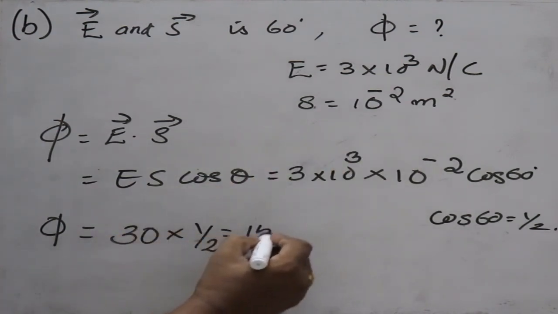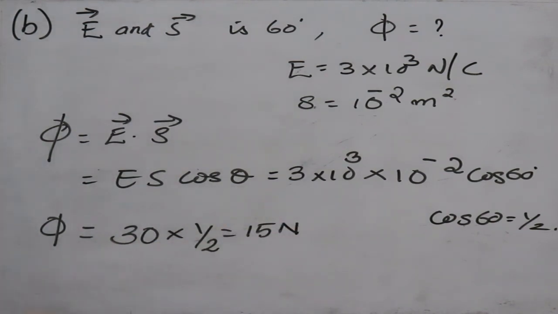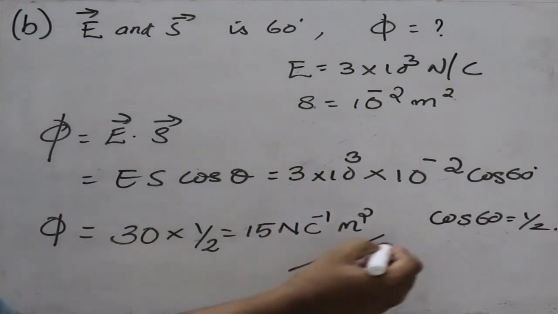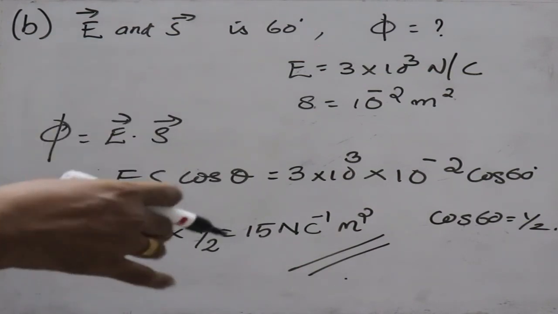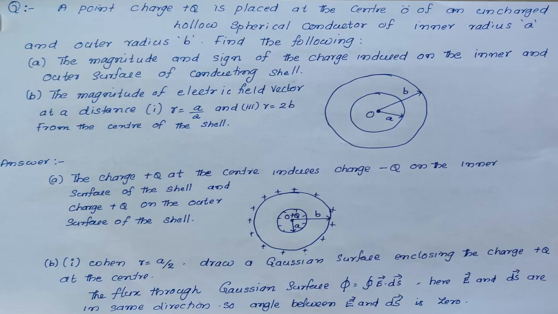So the answer will be 15 Newton Coulomb raised to minus 1 meter square. So if the area vector makes an angle of 60 degrees with the electric field, that is the flux passing through it.